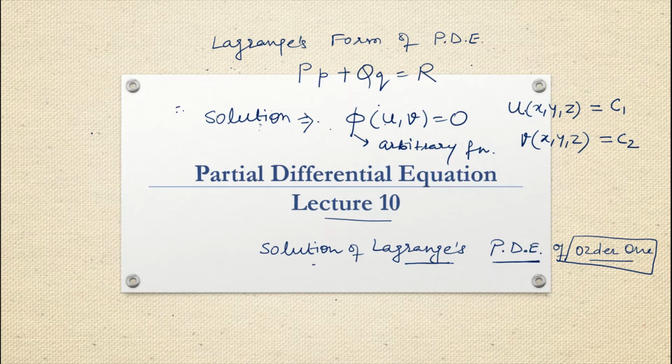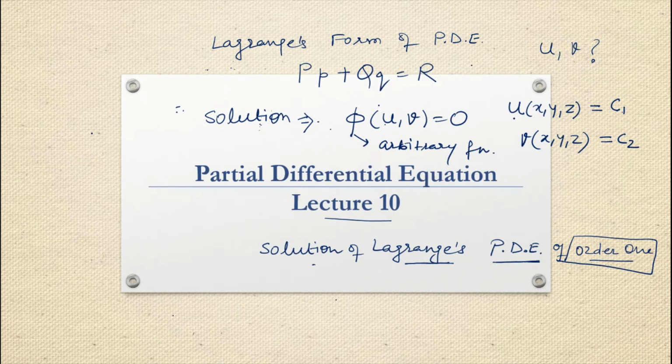So u, the relation between x, y, z, equals some arbitrary constant c1, and v of x, y, z equals arbitrary constant c2. But where did we get this u and v, and why are we equating them with constants c1 and c2?